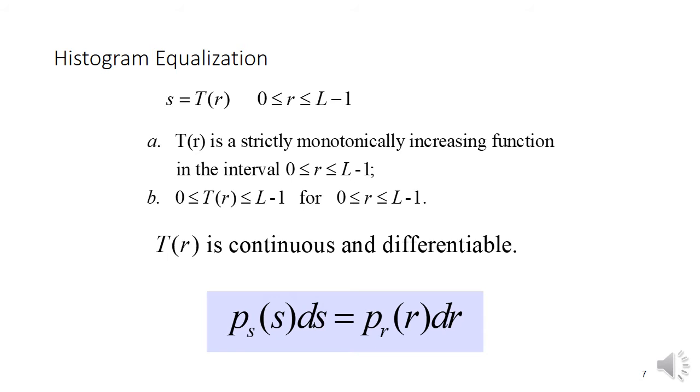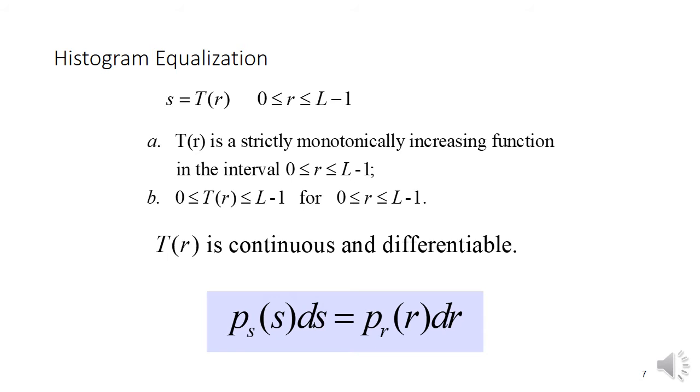You already know that after transforming the input value R, we are getting S, and the range is from 0 to L minus 1, and T(R) is strictly monotonically increasing on the interval 0 to L minus 1.